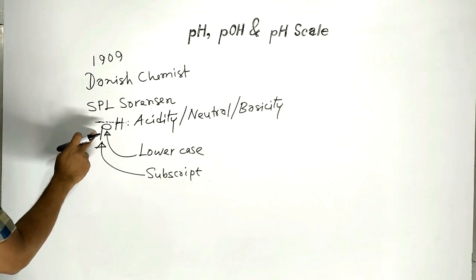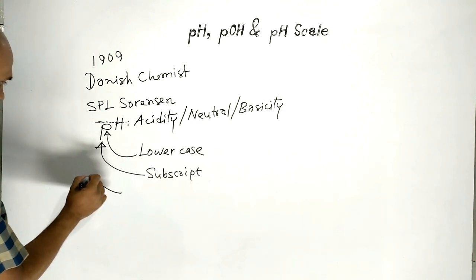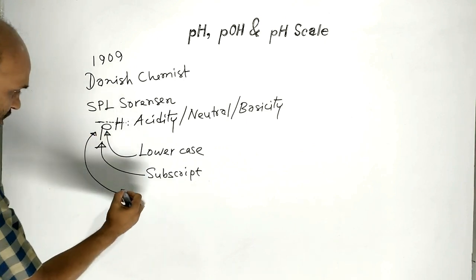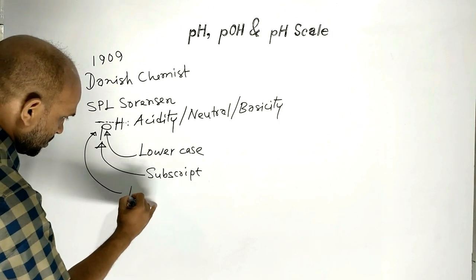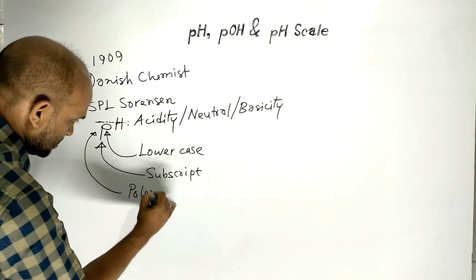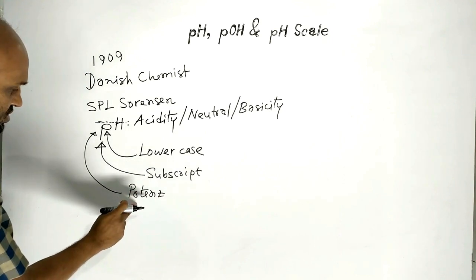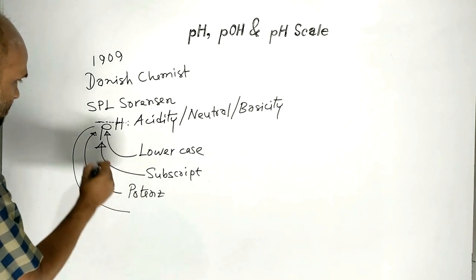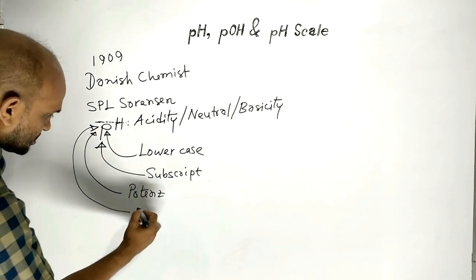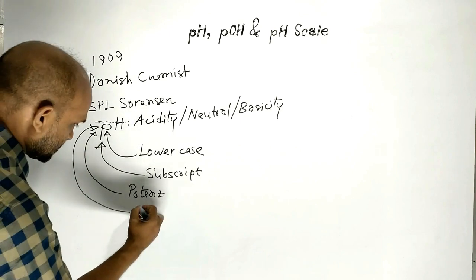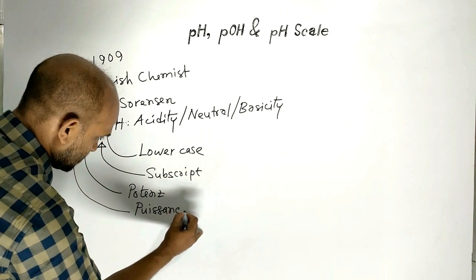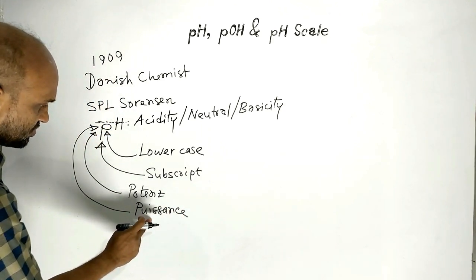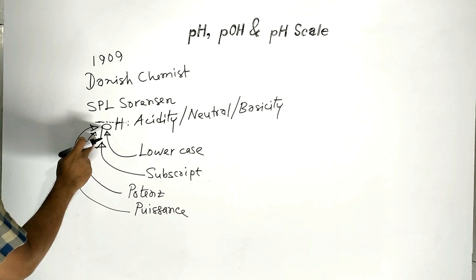What does p stand for? German chemists claim that p stands for potence, which means power, concentration. Again, French chemists claim that p stands for puissance, which means the same, power, concentration.